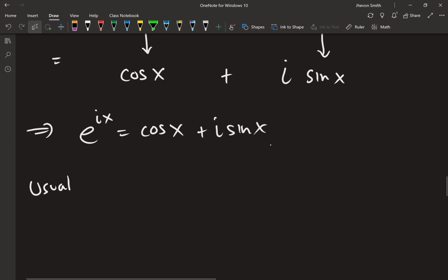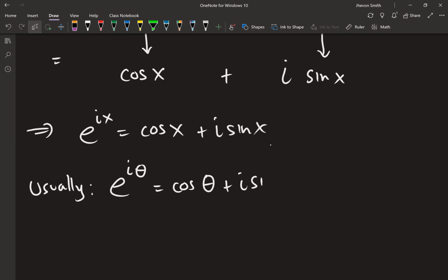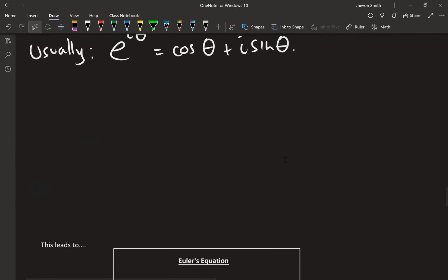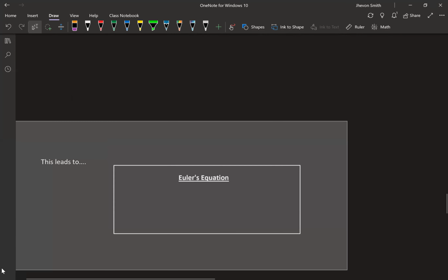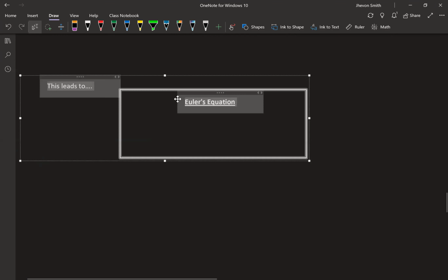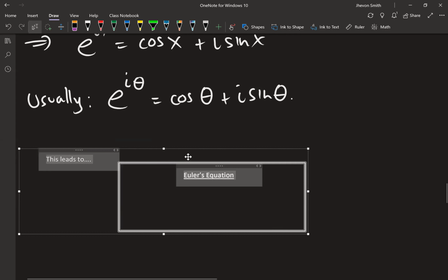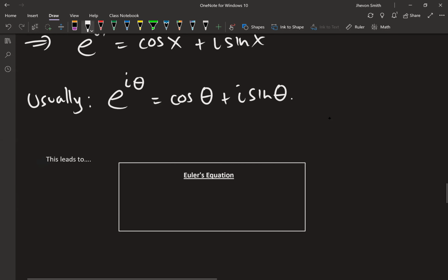Usually we use theta because of the angles. e to the i theta is cosine theta plus i sine theta. This, ladies and gentlemen, is called Euler's equation. And that's what this all leads to. So Euler's equation, that's it. This is something that we need to have memorized. So from now on, this is just something that we know. This is why I'm putting it in a box.